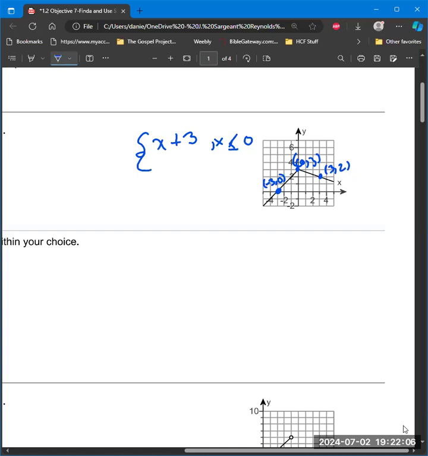And then to the right, it looks like we have a slope of right 3 down 2, rise over run, x plus 3, and x is greater than 0. Let's see if that's right.